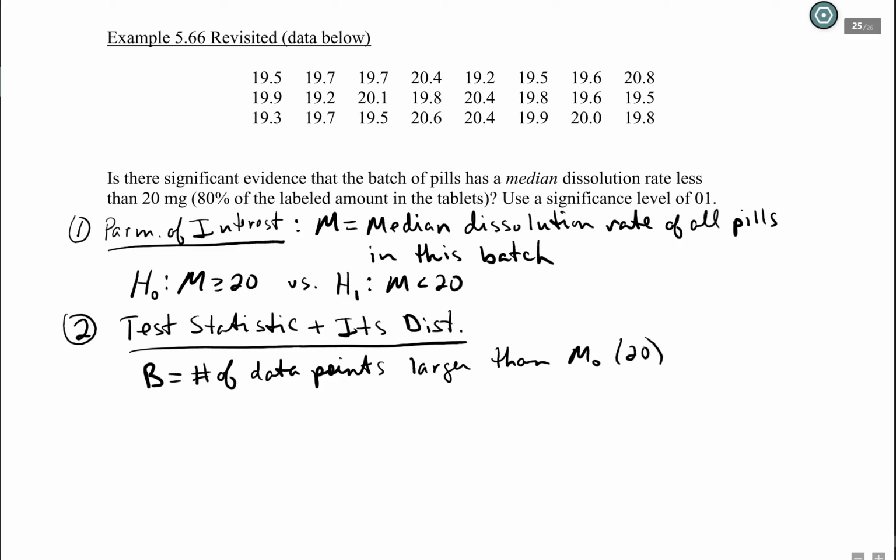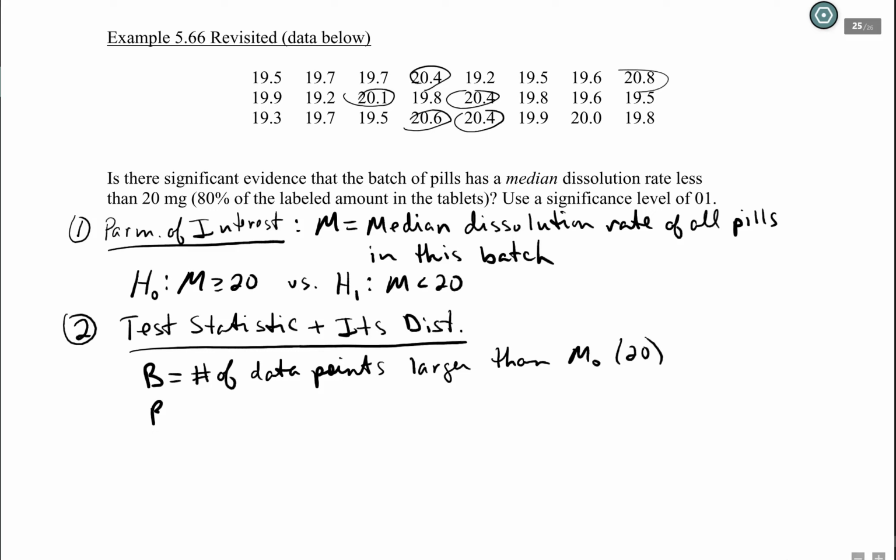Okay, so let's see. Well, we got one here, one here, one there, there, here, and here. So we have 1, 2, 3, 4, 5, 6 data points that are bigger than 20. That's my test statistic, and I'll use that in conjunction with table 4 in a little bit to make a decision.